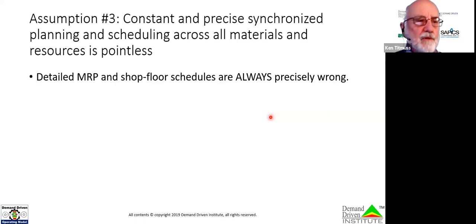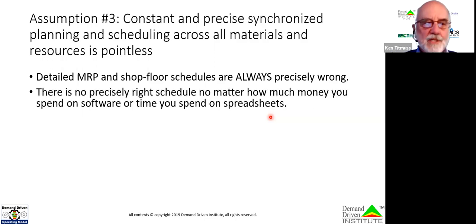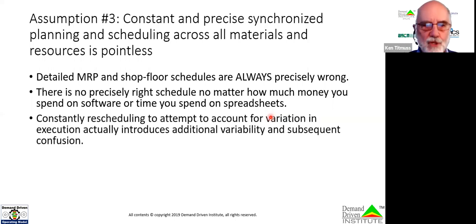So that brings us to assumption number three. Constant and precise synchronized planning and scheduling across all materials and resources is pointless. Detailed MRP and shop floor schedules are always precisely wrong. There is no precisely right schedule, no matter how much money you spend on software, or time you spend on your spreadsheets. Things are going to go wrong and you're going to have to reschedule again.